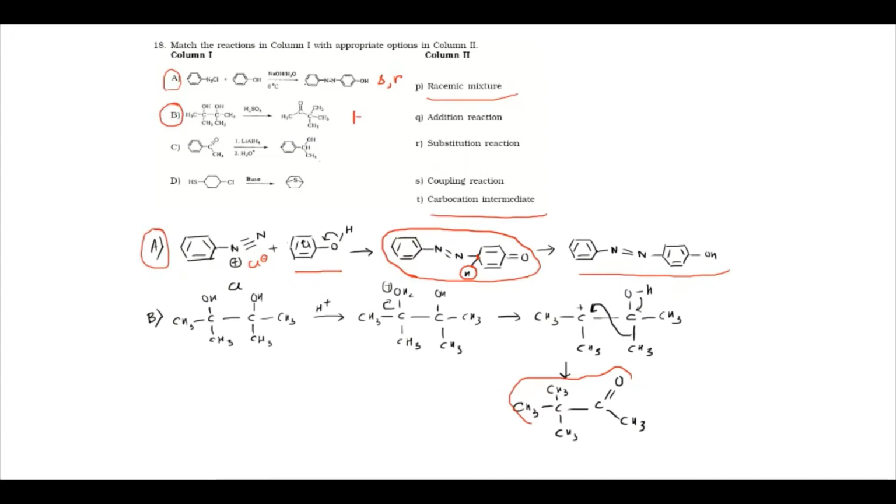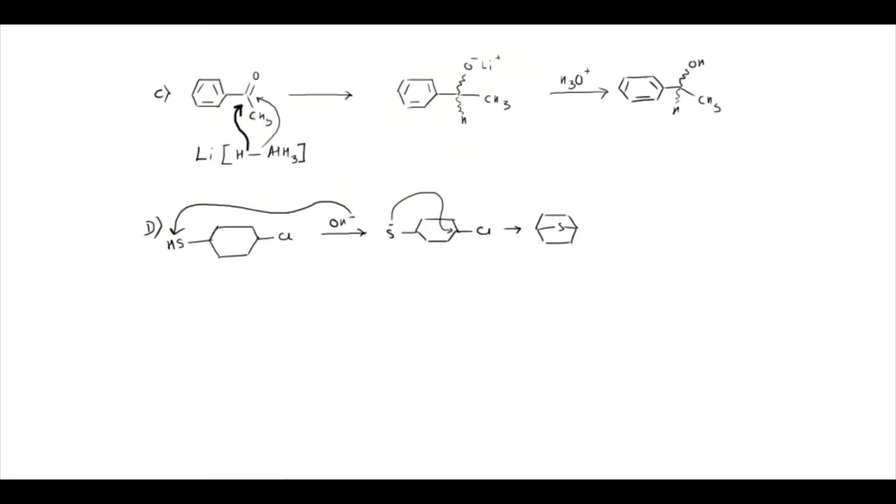Now if we go to our reaction number C, this is a reaction where a reduction is happening and a ketone is getting reduced. What is happening here? H minus is actually attacking this carbonyl center.